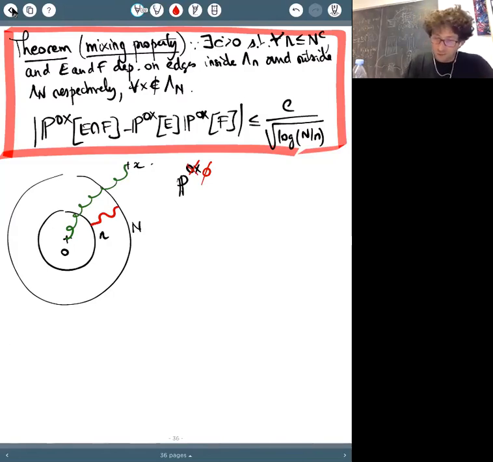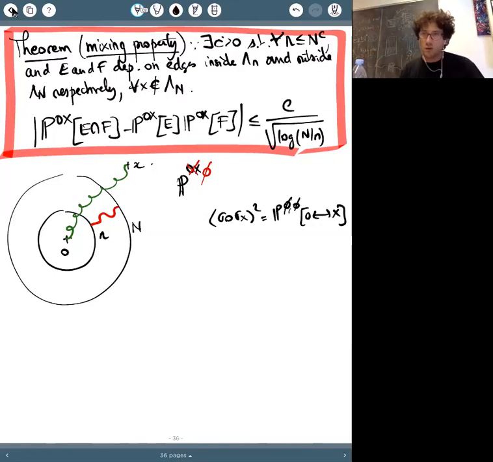For instance, remember that sigma 0, sigma x squared is the probability that 0 is connected to x. So you see, if sigma 0, sigma x tends to 0, then that means that the probability of 0 being connected to x tends to 0.